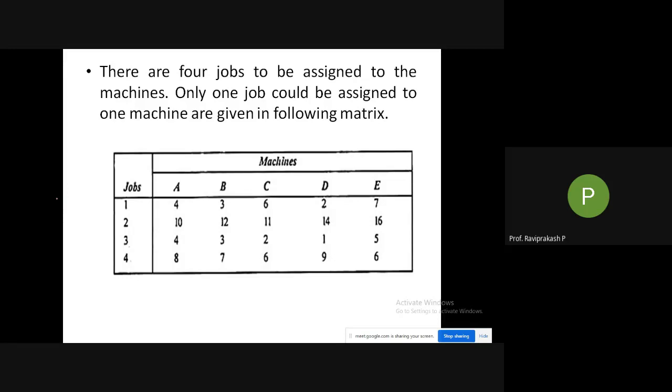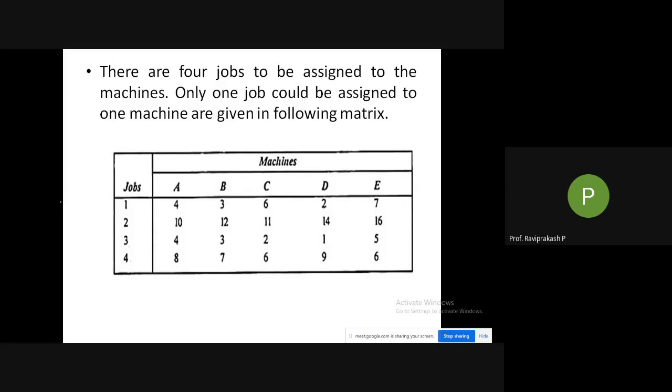When you are done taking this matrix down, just let me know. Done, sir. Others? Take it down fast.